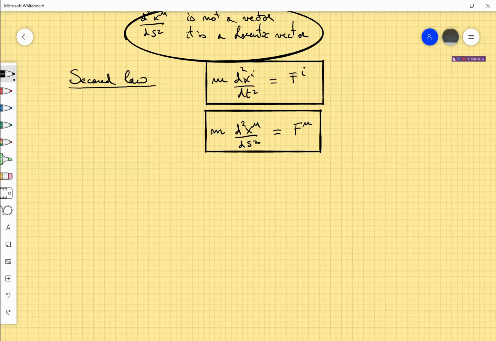We will do this by constructing Lagrangians and actions for the motion of particles and their interaction with the fields. This we are going to do in the next video.